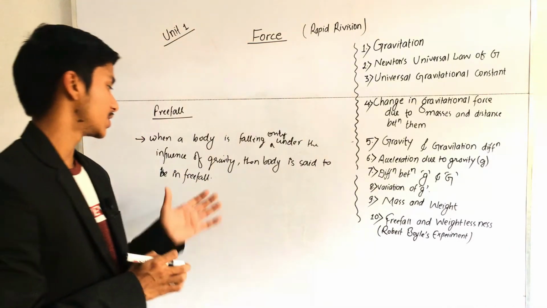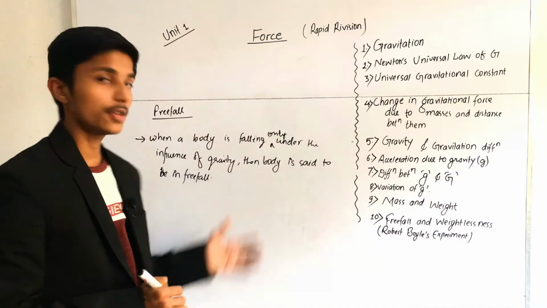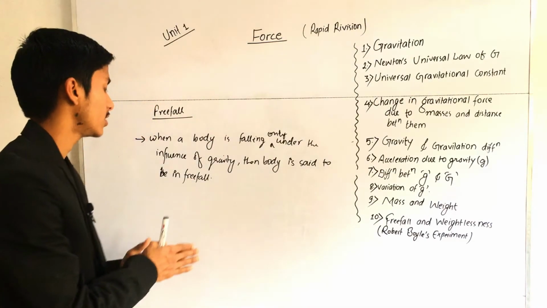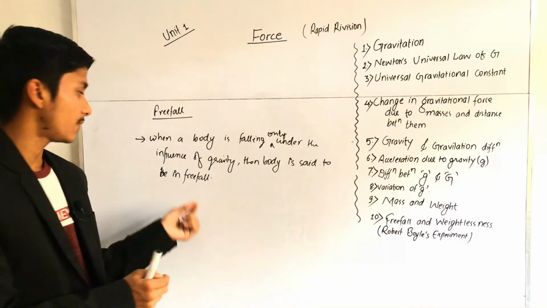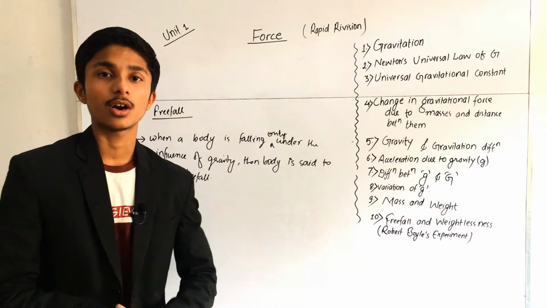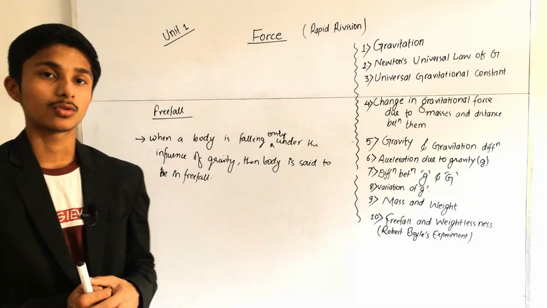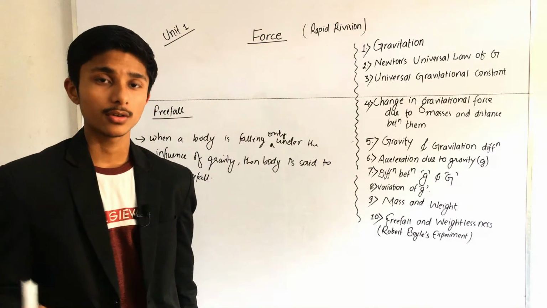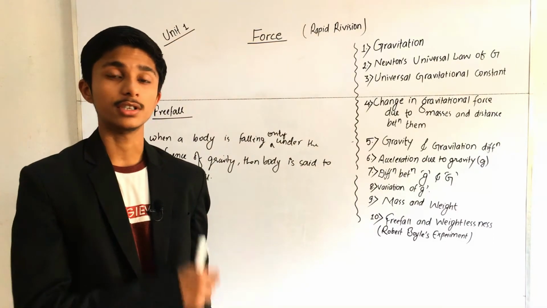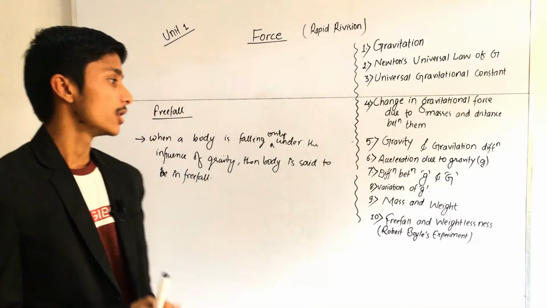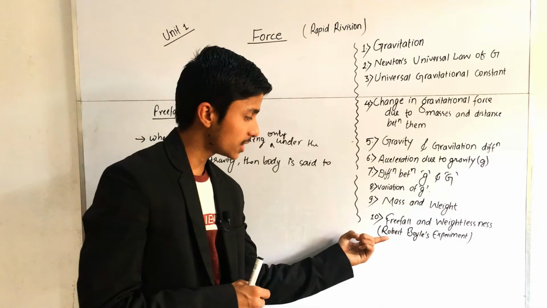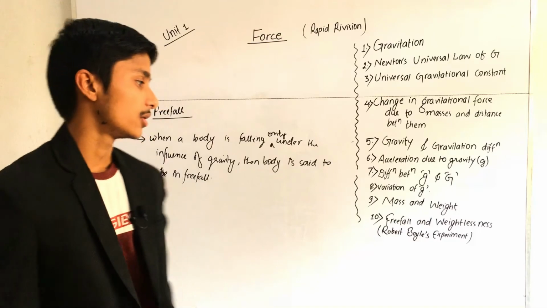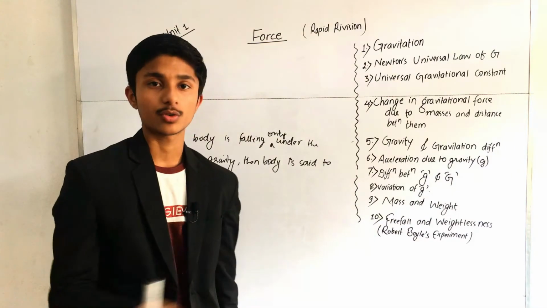Once Galileo Galilei said that the acceleration due to gravity on a body in free fall is independent of its mass. So there was one physicist who did not agree with his statement. The name of the physicist was Robert Boyle.